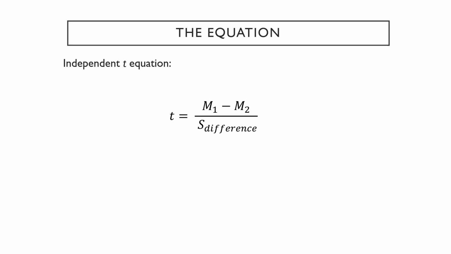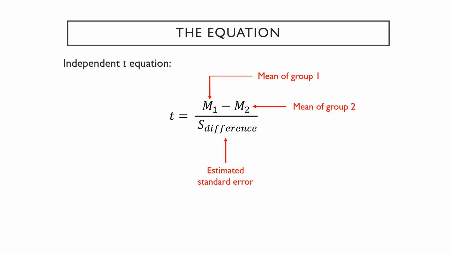The equation is the mean of group 1 minus the mean of group 2 divided by the estimated standard error. The estimated standard error is notated as S sub difference because we are looking at mean differences. This estimated standard error is an estimate of how well the sample mean difference reflects the population mean difference.